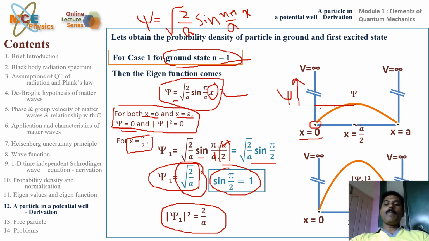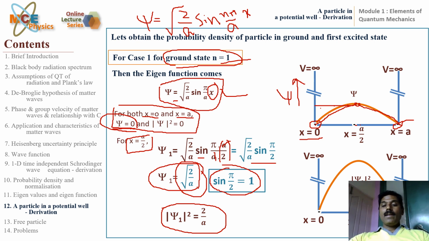And for x equal to a, the psi value is 0 as indicated here. Mod psi square is also 0, of course. Here you can observe that the wave function varies in such a way that it increases initially, reaches a maximum at x equal to a by 2, and comes back to 0.